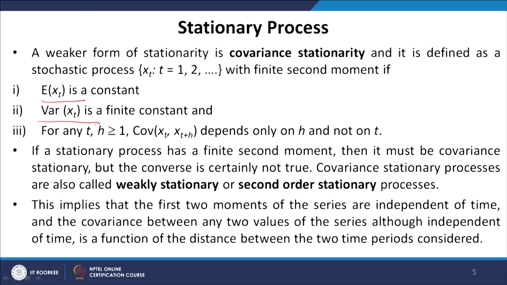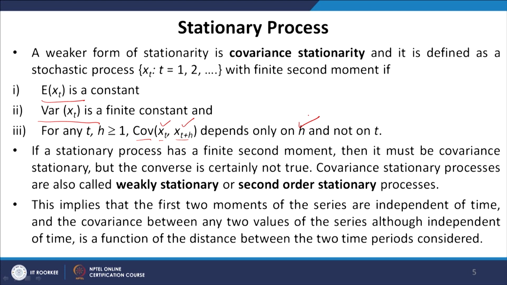So, this implies that if we are considering the stochastic process in the two time periods x t and x t plus h, then the covariance between the two would depend on the distance between the two time periods, that is h, and not on the time periods themselves.